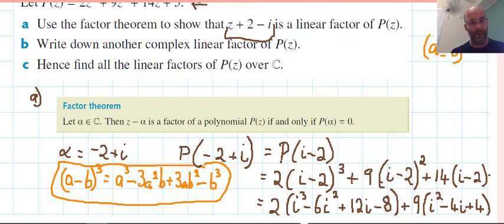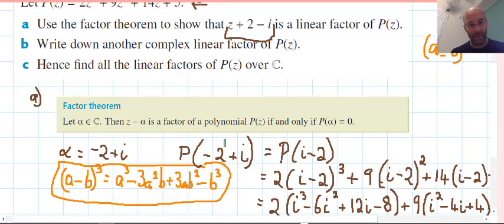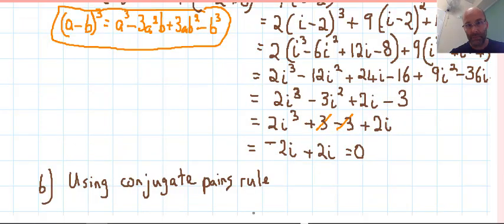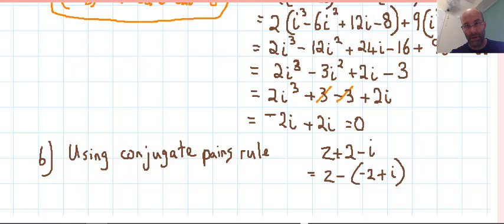Let's write down part B, another complex linear factor of p of z. We had here, you'll notice just previously, p of negative 2 plus i, so we used the conjugate pair rule. Originally we had z plus 2 minus i, which is the same as z minus negative 2 plus i.